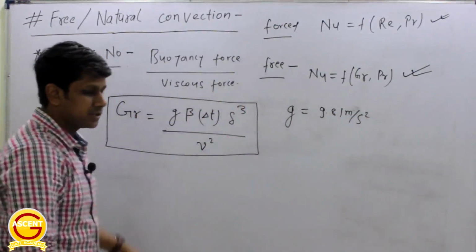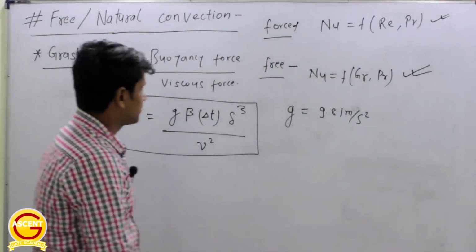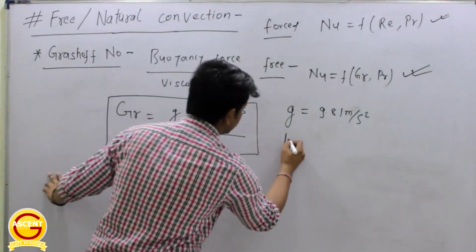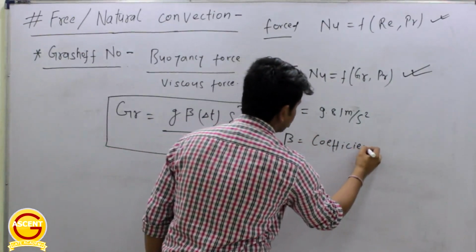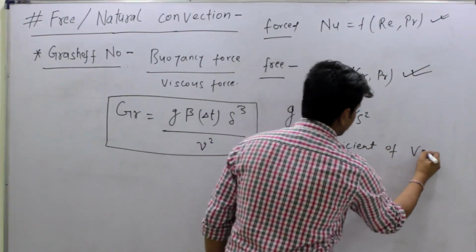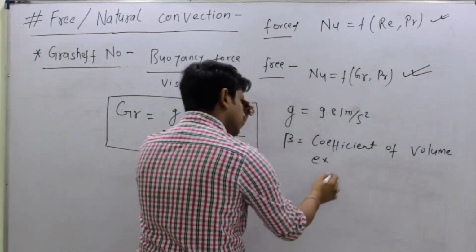Beta is the coefficient of volume expansivity, that you may have studied in thermodynamics.